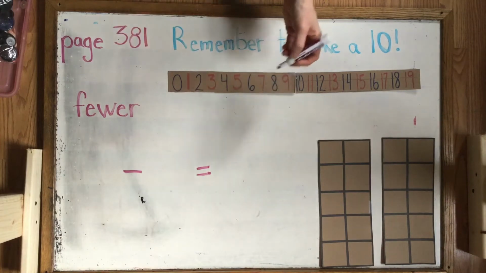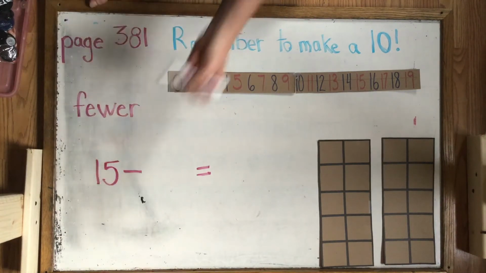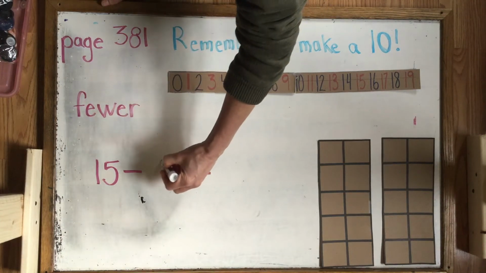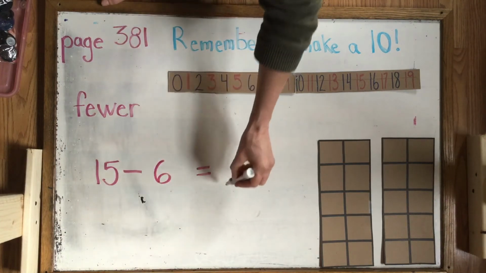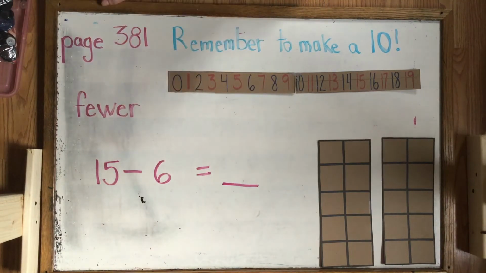And I know that's 15 because Jenny got 15 prizes from the piñata. And then I know that Ken gets 6 prizes from the piñata. But what I don't know is how many fewer 6s than 15. So I'm going to figure that out.